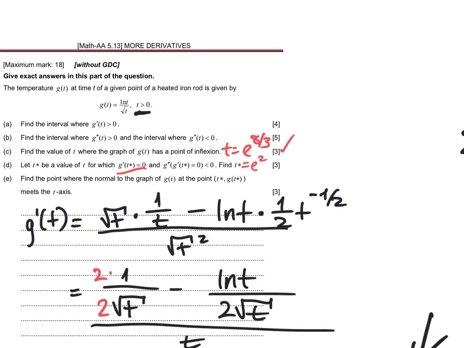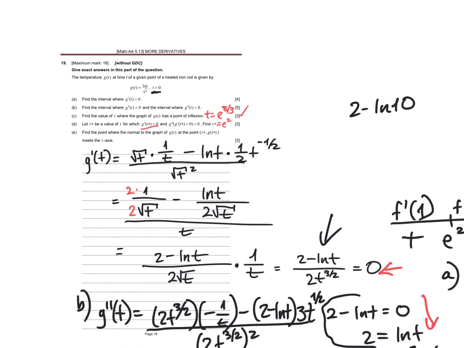Find the point where the normal to the graph of g at the point t star meets the t-axis. Okay, so we're going to have e squared, and let's find g at e squared. So that's natural log e squared over square root of e squared.